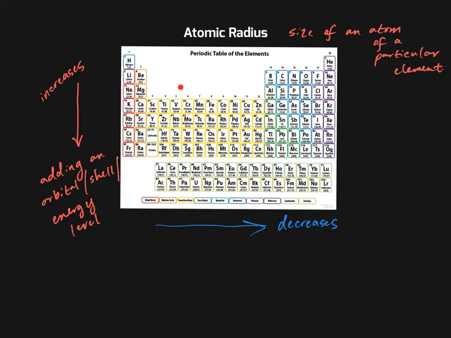So as we move across a period, because we're adding more and more protons, those additional protons add more attractive force to the electrons of that element. Okay, so the reason that atomic radius decreases is that more protons create more attraction.